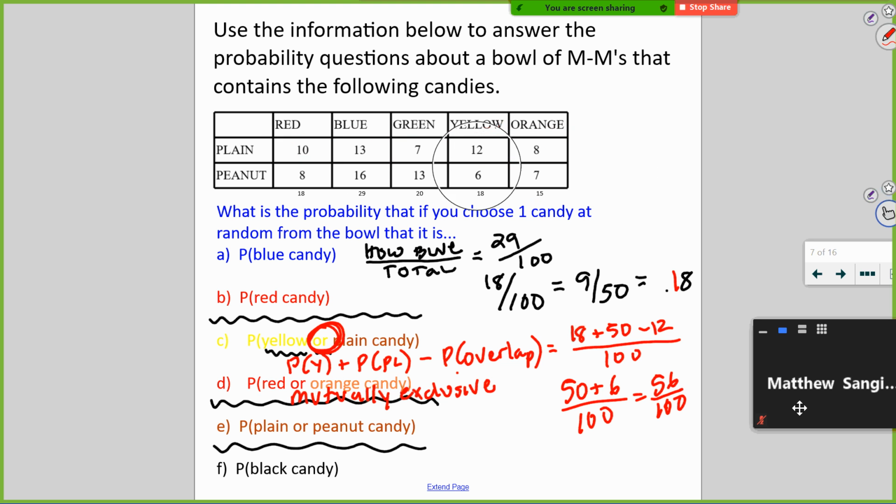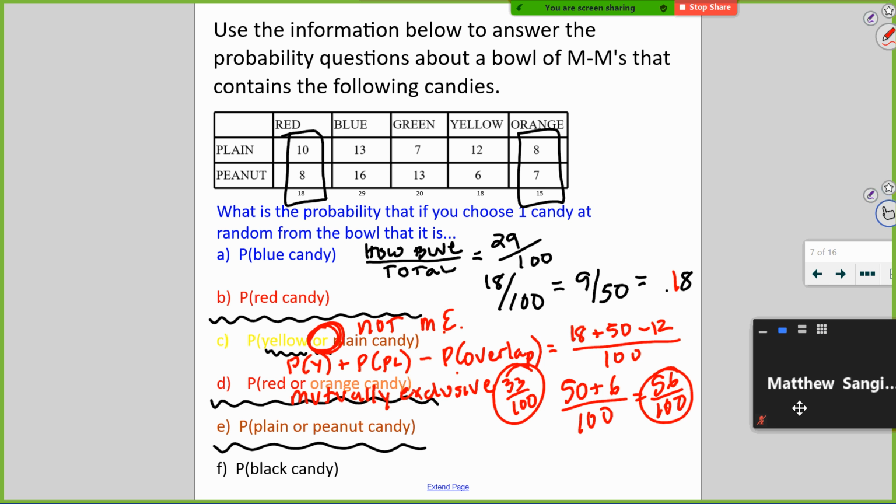So there's no overlap if I'm asking for red and orange. So letter C would not be mutually exclusive. Letter D would be mutually exclusive. There is no overlap. So I don't need to do the subtract out. Okay, are those two okay?